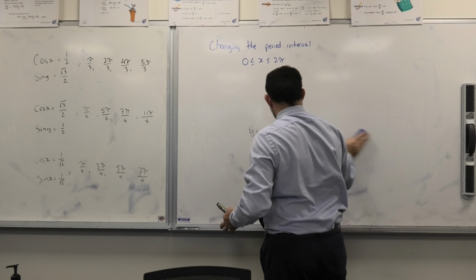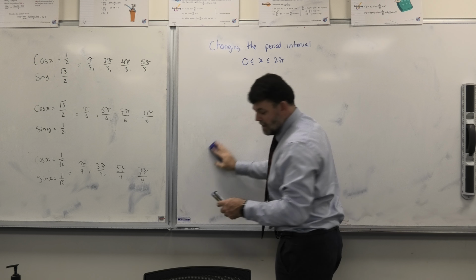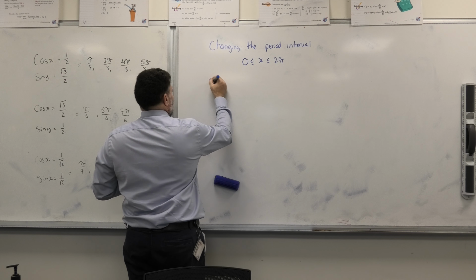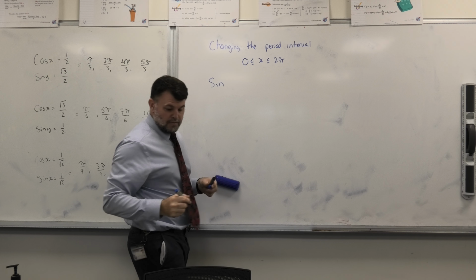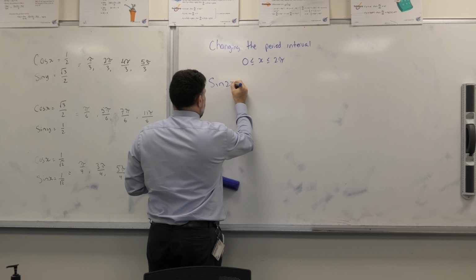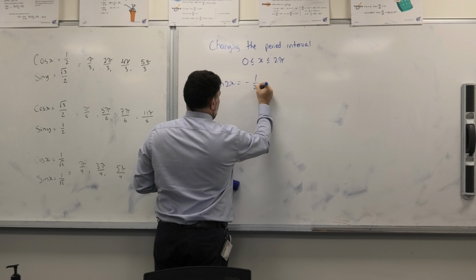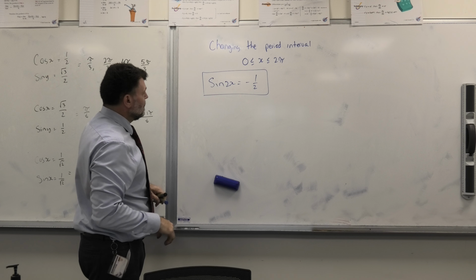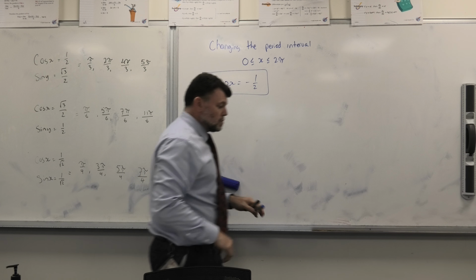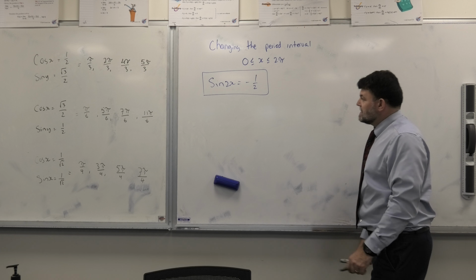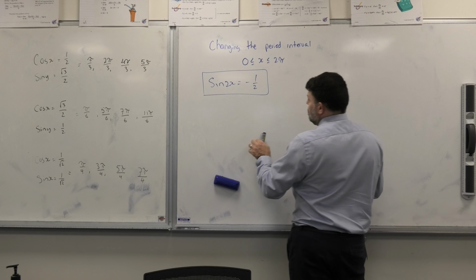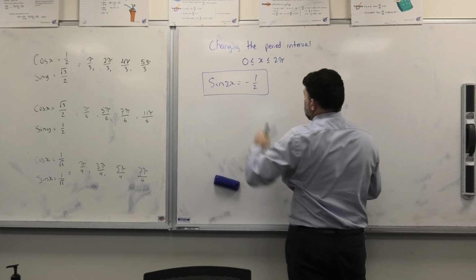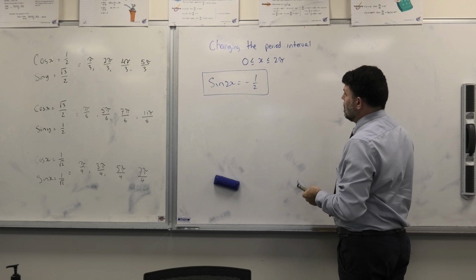So let's write up an equation. So we've got sine 2x is equal to negative half. Here is our question. Okay? So the first thing we're going to do, as normal, is look at this and say, well, I know that this here is my range, or my interval, from 0 to 2 pi.